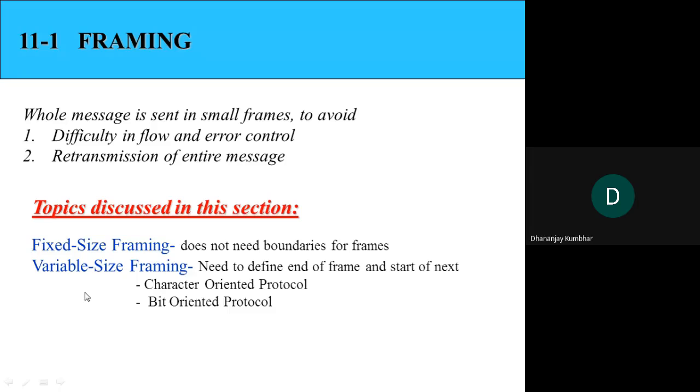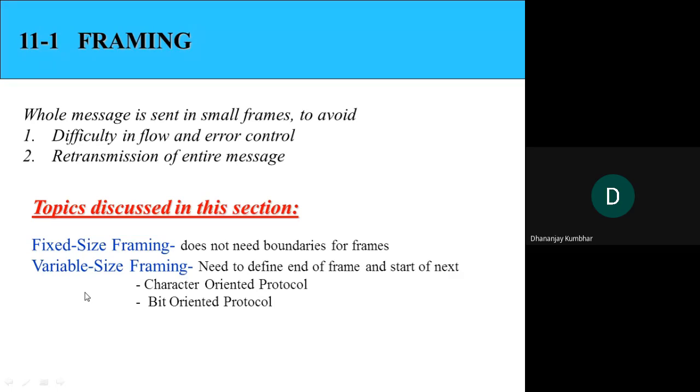Say for example, from 1000 bits, if an error has occurred in one bit, all 999 bits were correct, but unnecessarily we have to retransmit those 999 bits again and again if errors keep occurring.